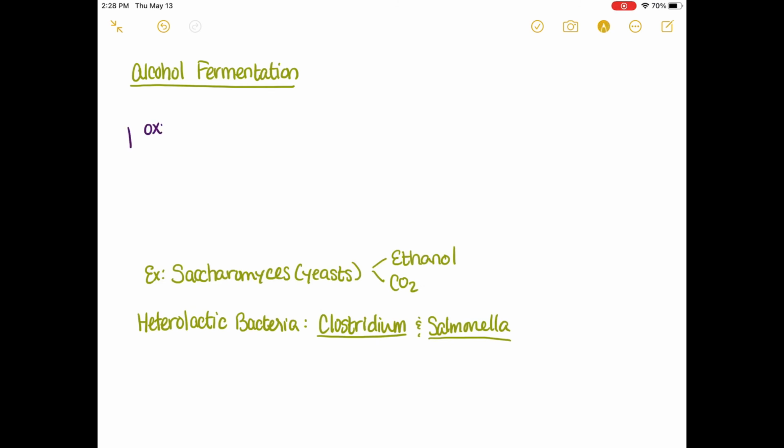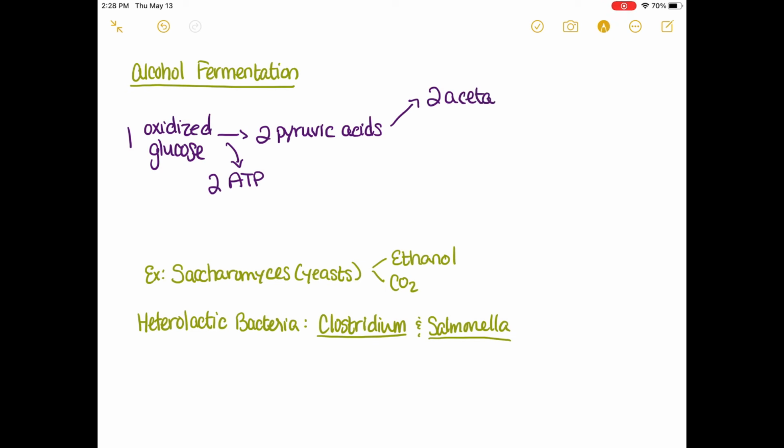Alcohol fermentation. We have 1 oxidized glucose resulting in 2 pyruvic acid molecules and the formation of 2 ATP molecules. The 2 pyruvic acids are converted to 2 acetaldehyde molecules and 2 carbon dioxides.